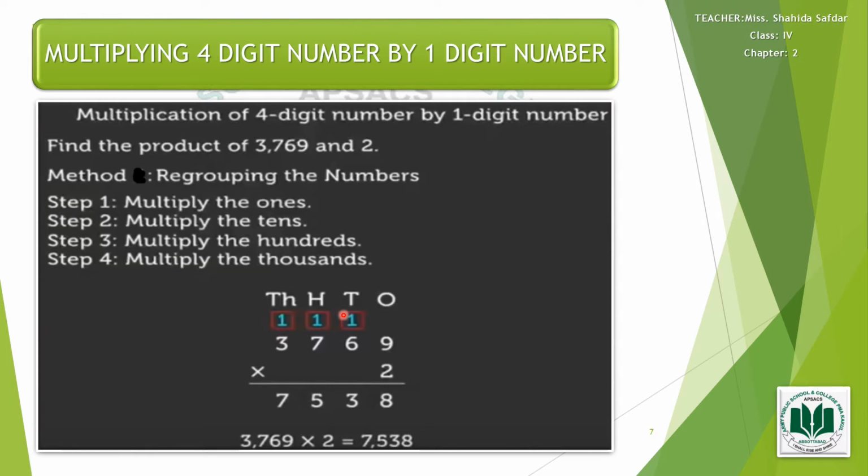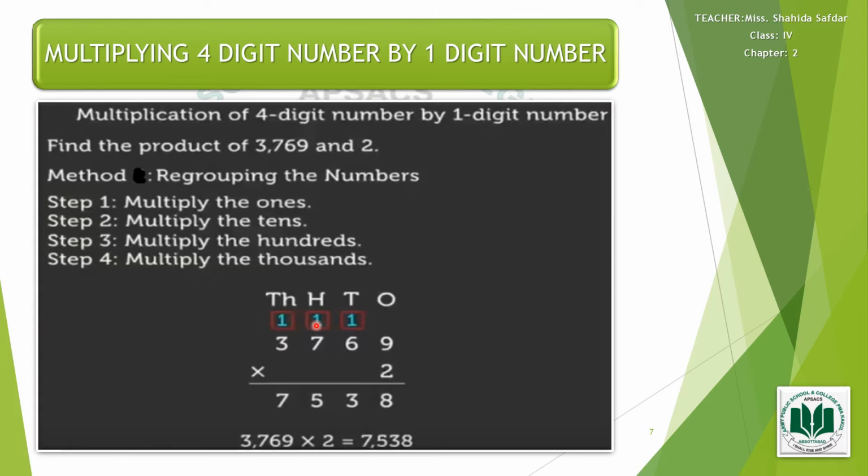In step 2, we will multiply the tens, that is 6 tens multiply by 2. The answer is 12. Now we will add the carried over here, that is 1 in 12. The answer comes 13. Now we will regroup 13 as 3 tens and 1 hundreds.